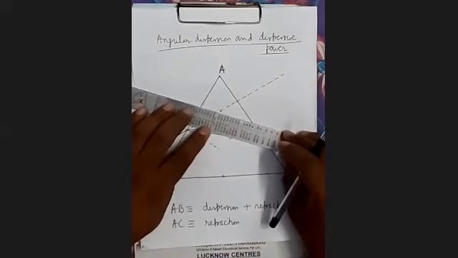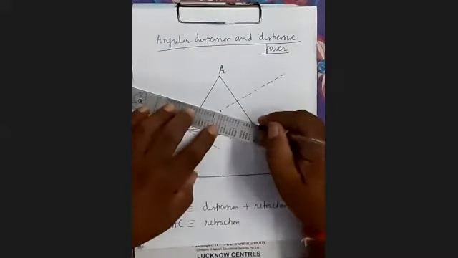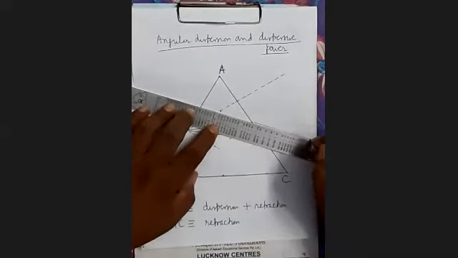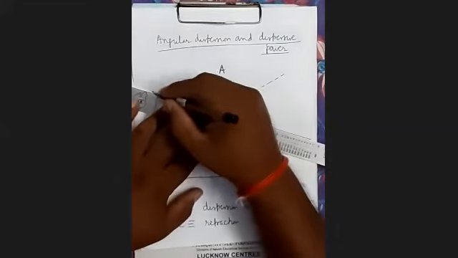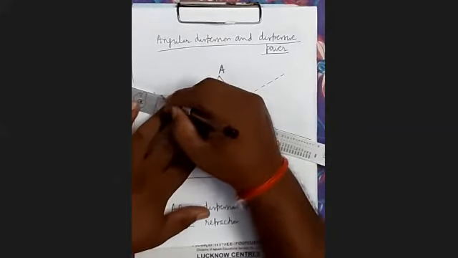Suppose it is deviating to this side. This is the red color emergent ray. Now you produce this red color emergent ray in the backward direction.